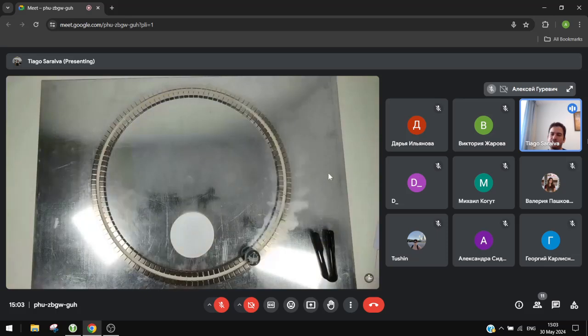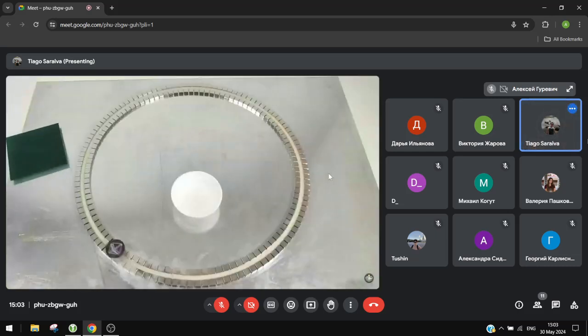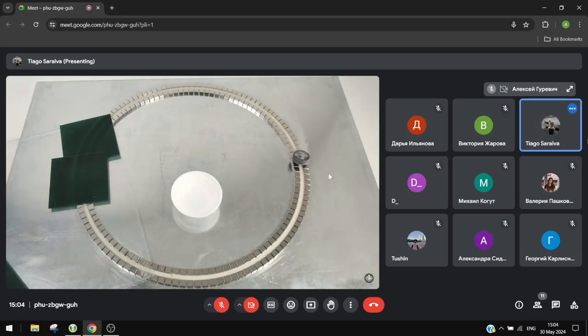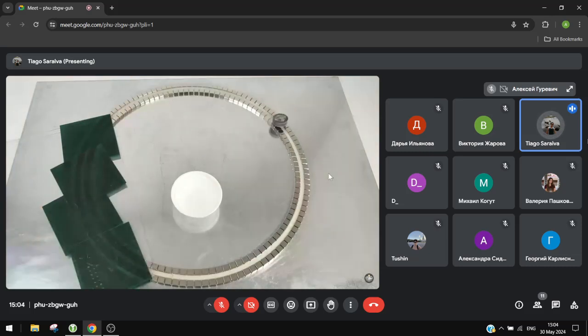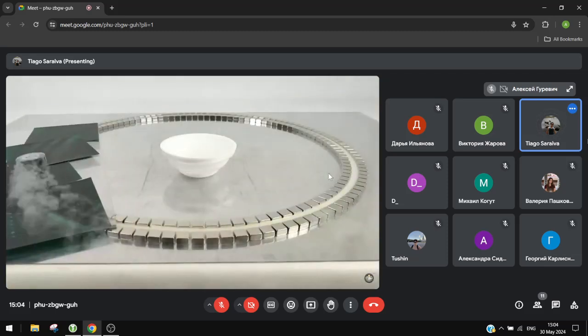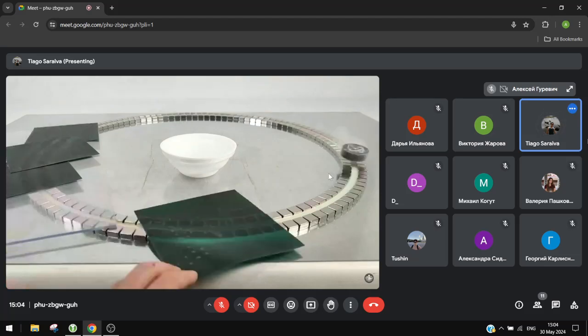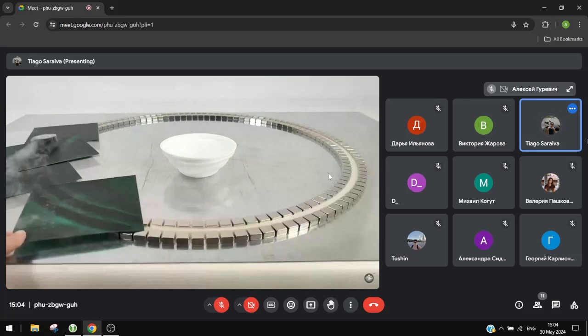Because the superconductor is trapped inside this field, it's very stable. He puts these green films there to show the magnetic field gradient.